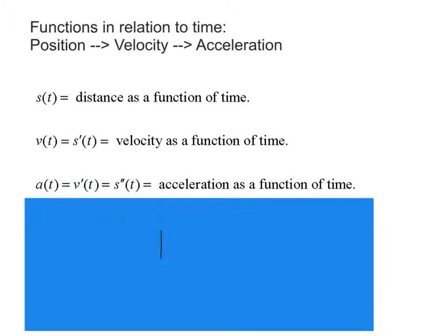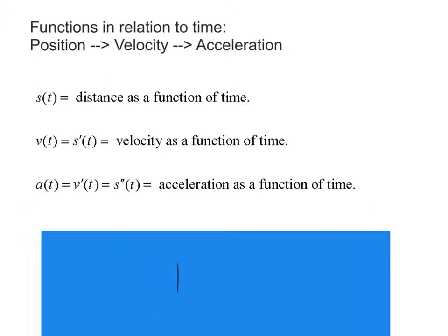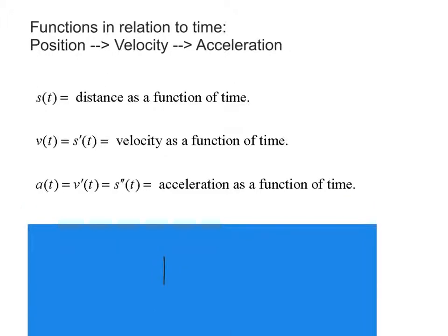Lots of practical applications here when we're dealing with this stuff. For example, let's say I were to drop a ball from a height of 50 feet, where S measures the position and T is time.